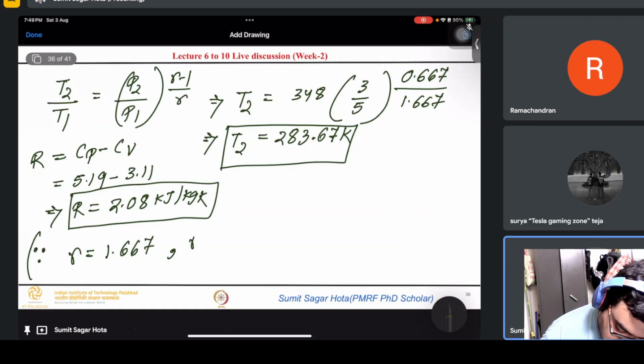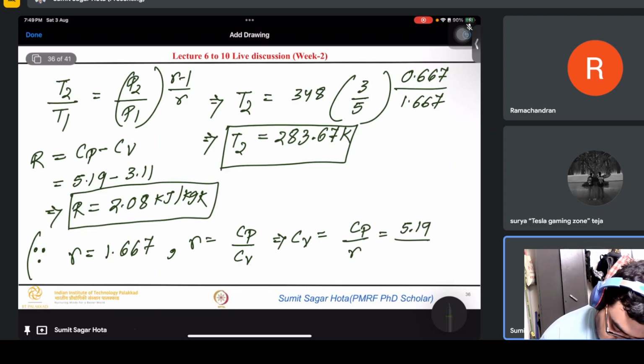We know gamma is Cp by Cv, so Cv is equal to Cp by gamma, so 5.19 by 1.667, which is 3.11 kilojoule per kg Kelvin.